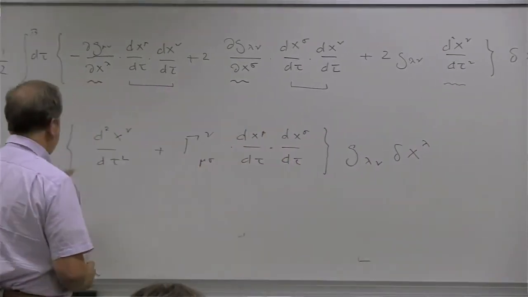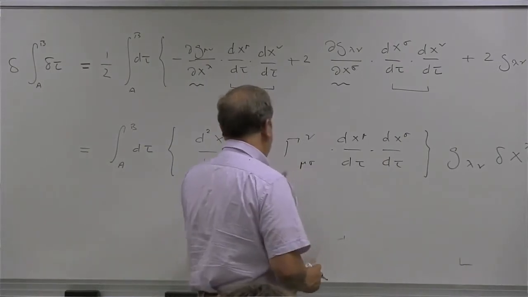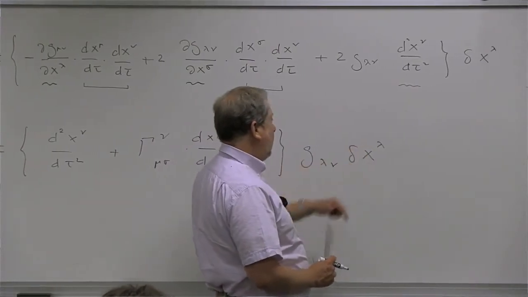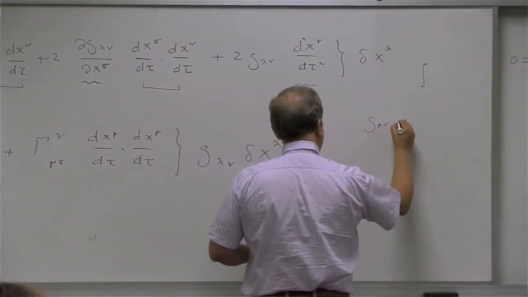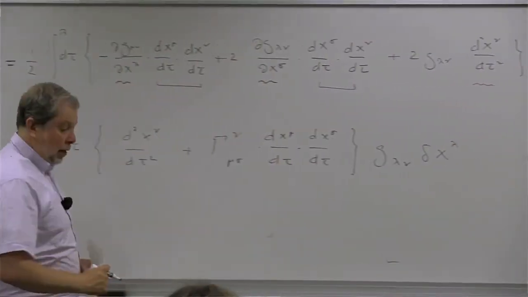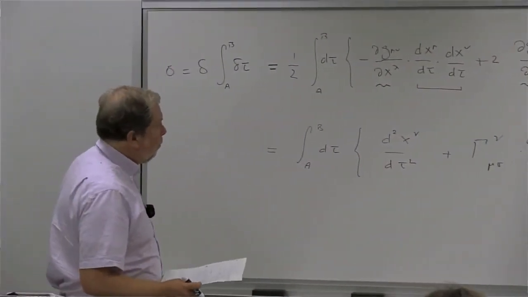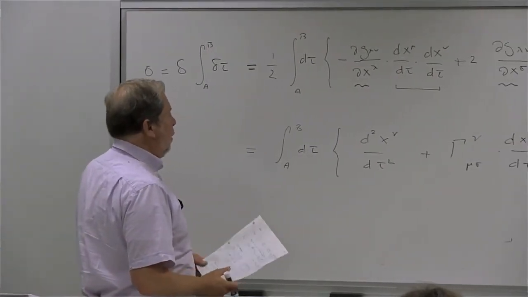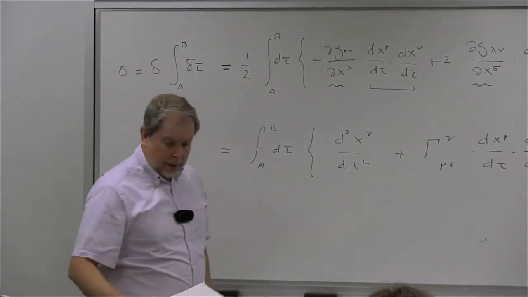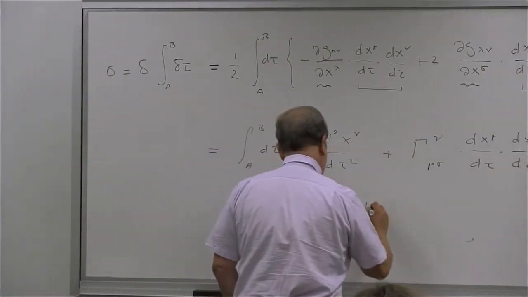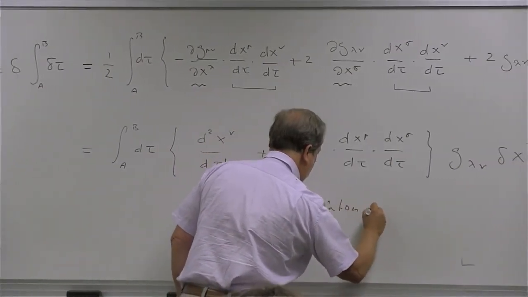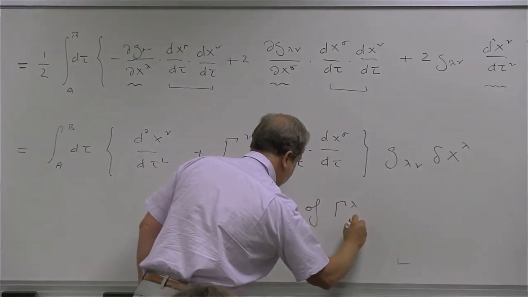So let's check everything here. Index nu, mu sigma, index nu is contracted with this, and index lambda is contracted with that. Remember, the metric is symmetric, so g mu nu is equal to g nu mu. And so you get that these two things are identical by using the definition of gamma lambda mu nu.